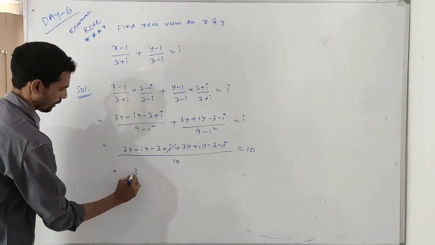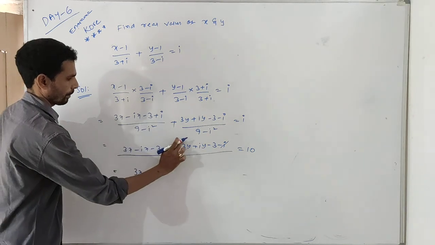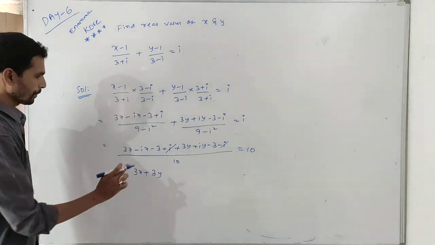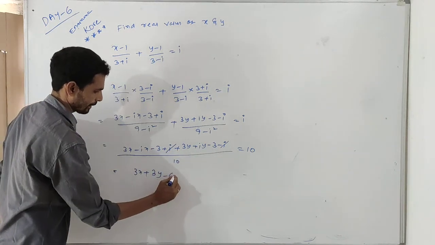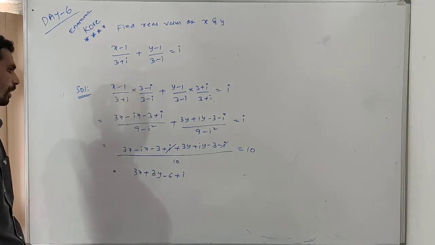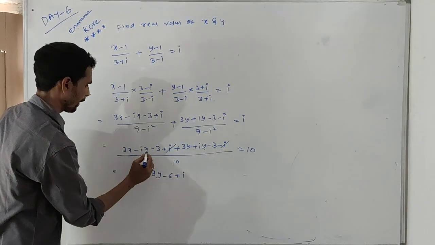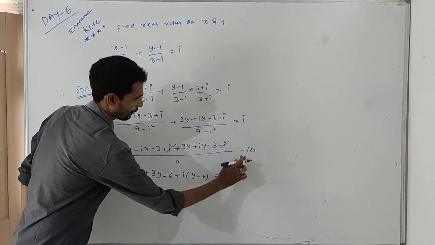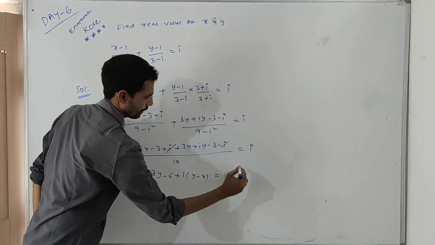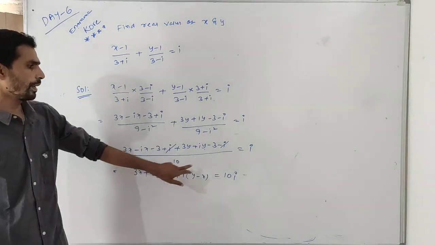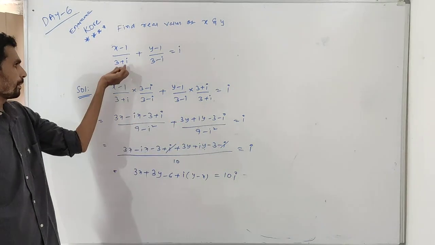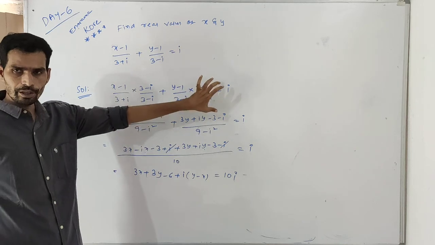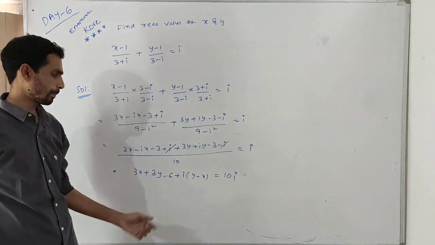The real part here is 3x plus 3y minus 3 minus 3, which is minus 6, plus i of, i is common, the remaining part here is y minus x, is equal to 10i, and 10 by cross multiplication we get only 10i. Just multiply 3 plus i with 3 minus i by 3 minus i. Just general multiplication, then separate the real part and imaginary part.